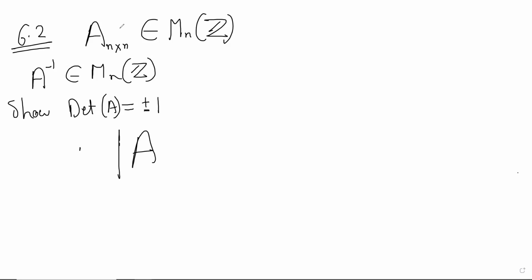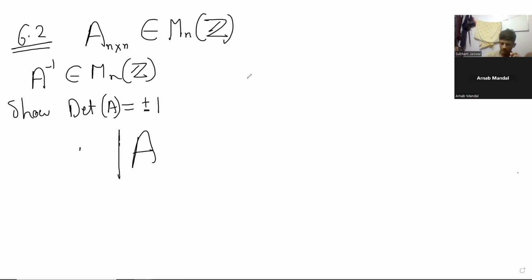When we find the inverse matrix of any matrix using row operations, we change the main matrix to the identity matrix, and the identity matrix becomes A inverse, using the same row operations on both sides.